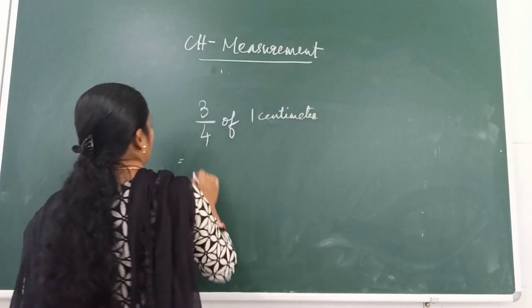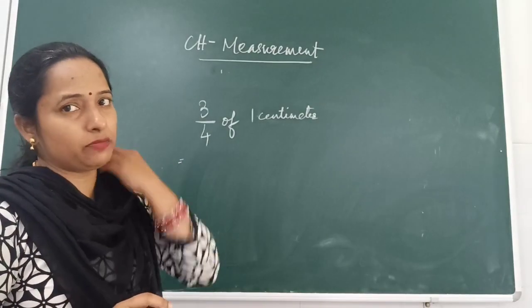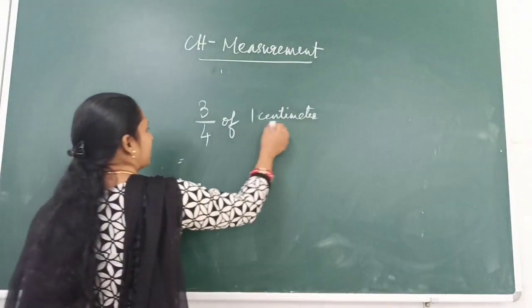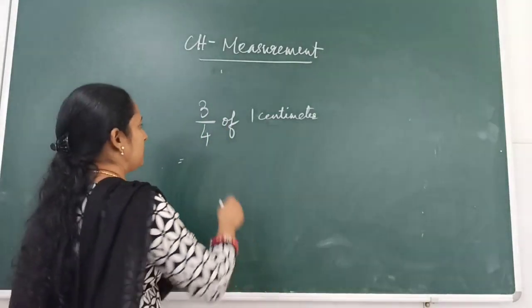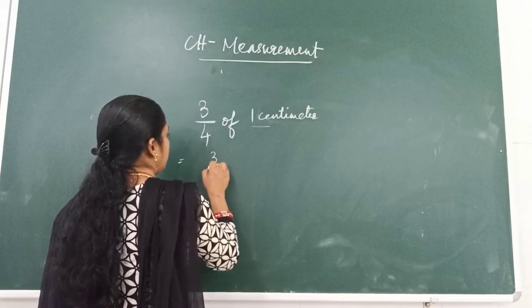We know 1 centimeter is how many millimeters? If you write 1 centimeter, you cannot represent it in terms of decimal. So let us convert it into millimeters.